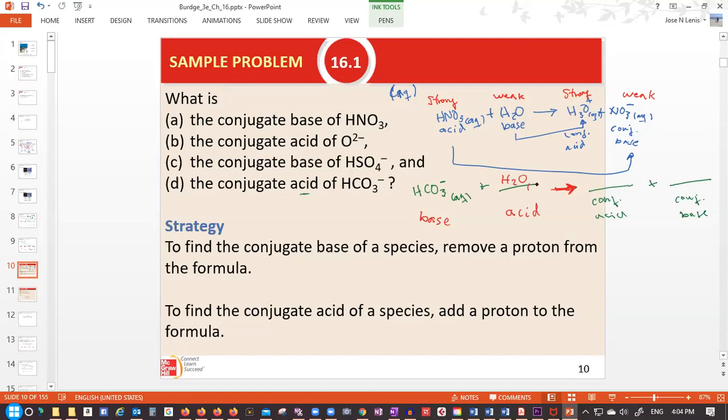This is pure water, liquid. So the base forms a conjugate acid. What is that conjugate acid?